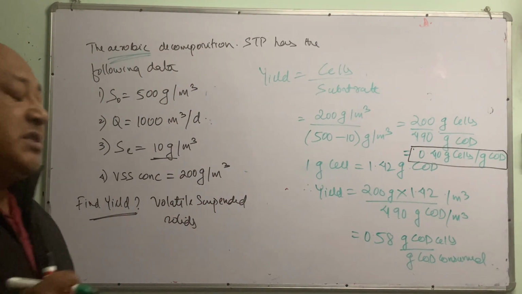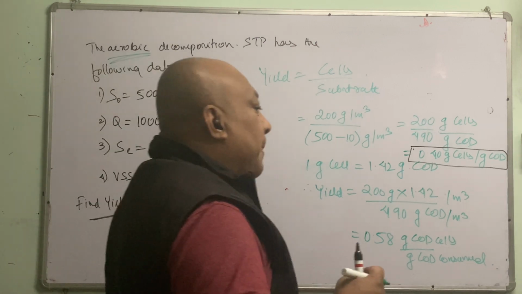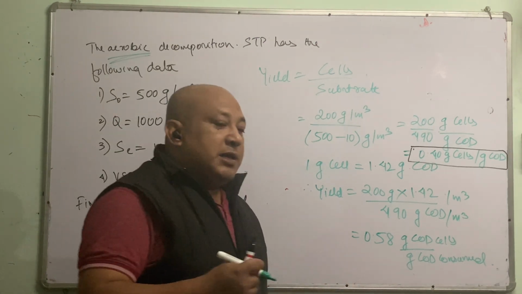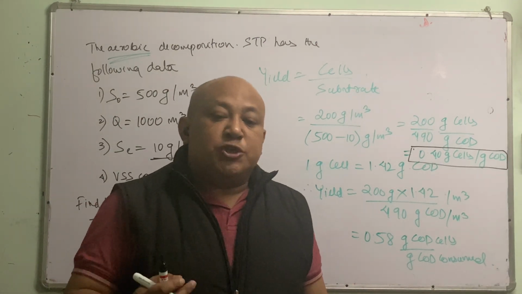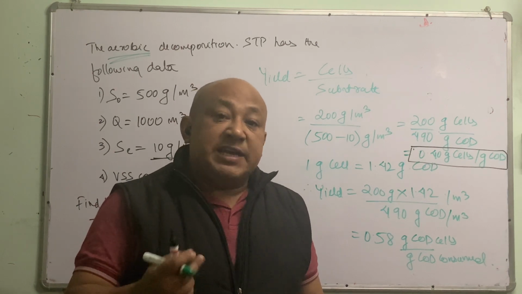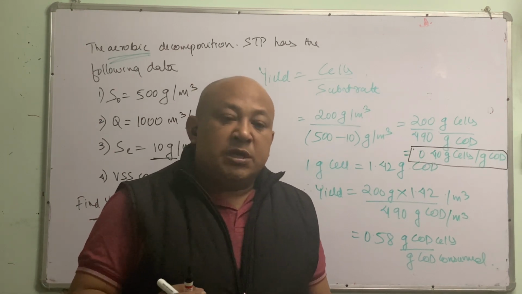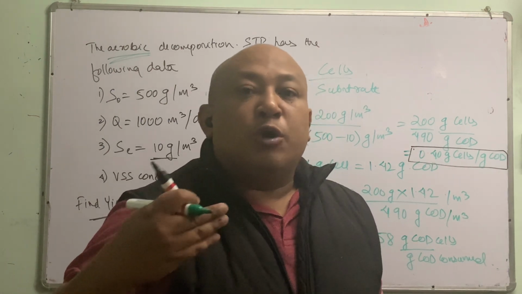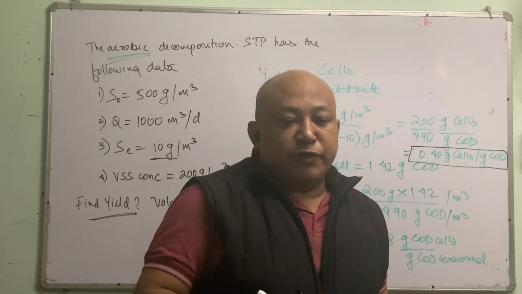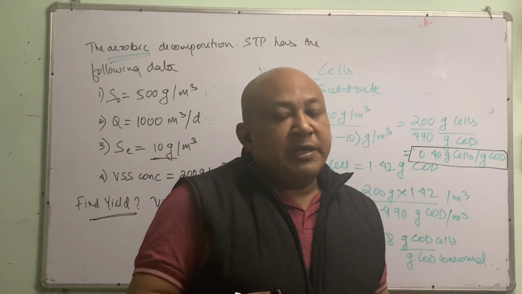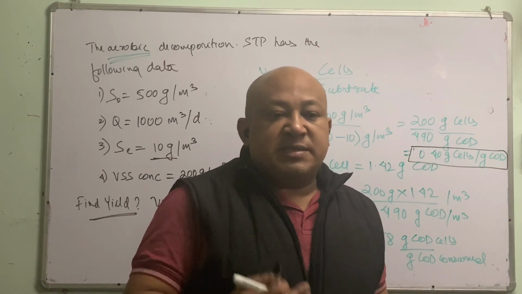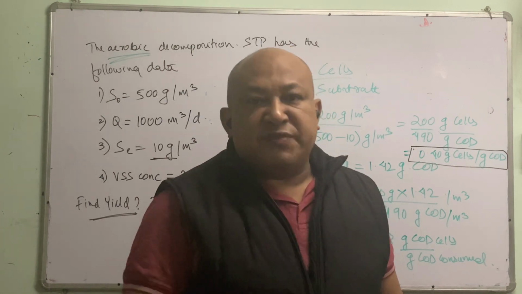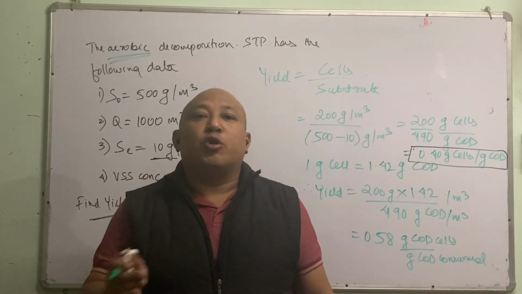effective. The reason is some of the COD consumed or some of the cells that are produced are not left as COD itself, but have also been oxidized. Say for example, a cell has developed. It is not that the game is over. The cell itself may oxidize further again. So it may consume more oxygen.